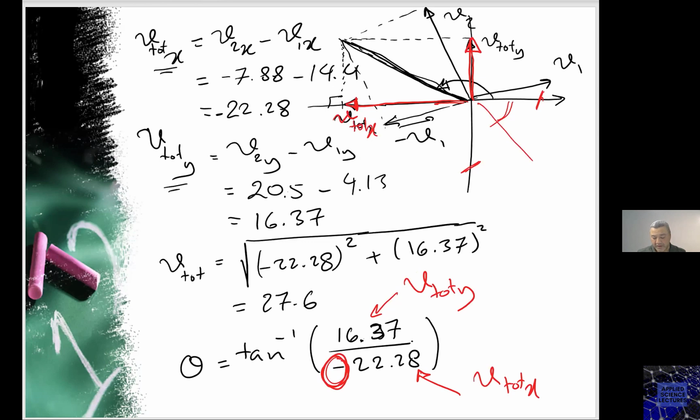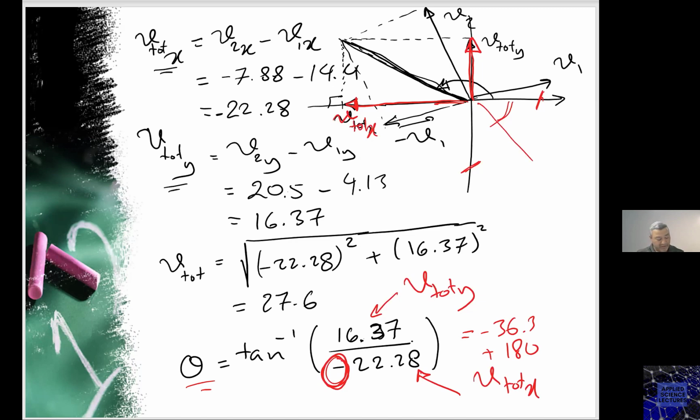Thank you. So here, if you plug in those numbers and click execute, you're going to get minus 36 degrees, but that's wrong. The actual angle, you should add 180 degrees to it to give you the correct angle in the second quadrant.